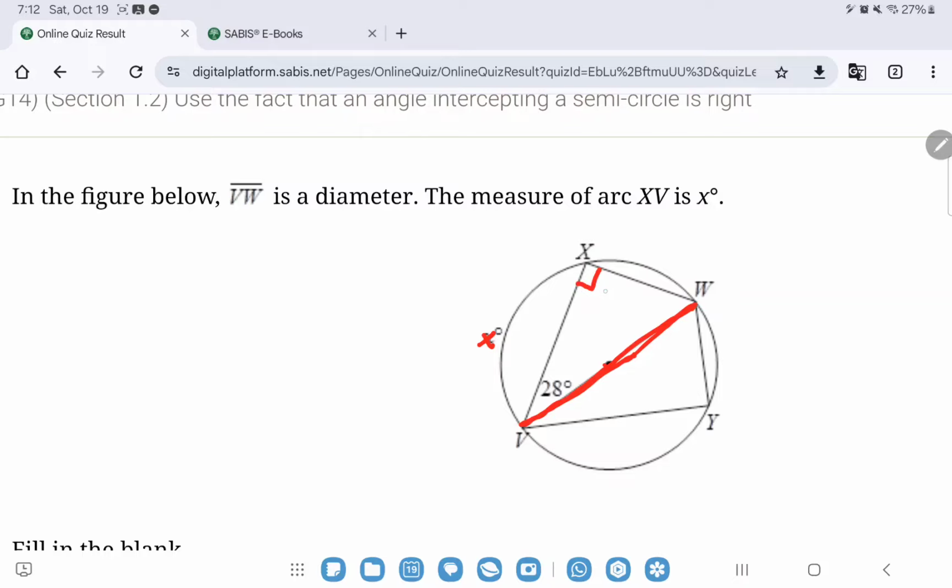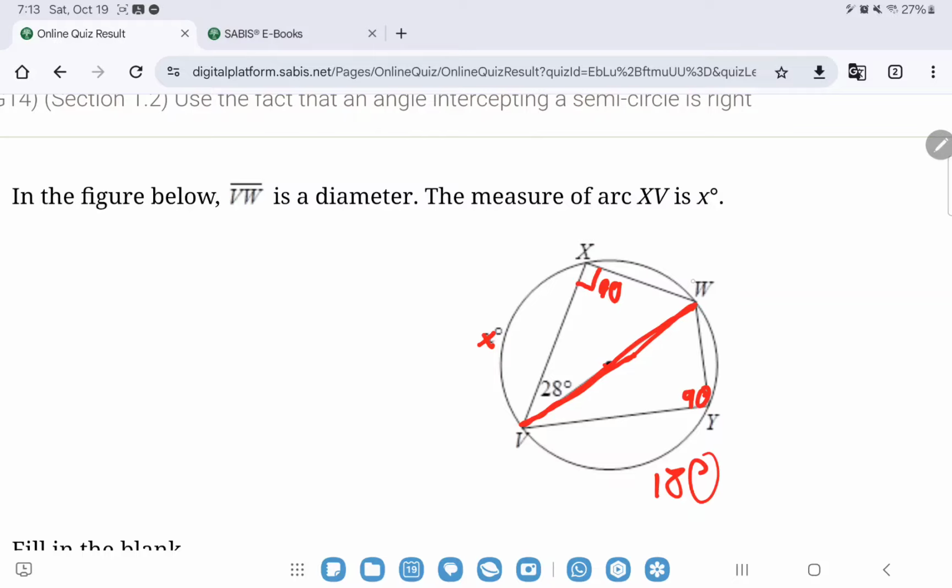So this is a right angle, this is equal to 90. Because look, if this is 180, this arc is 180. So this is 90. And if this is 90, this is also 90, because they're opposite angles in, what's it called? Cyclic quadrilateral.